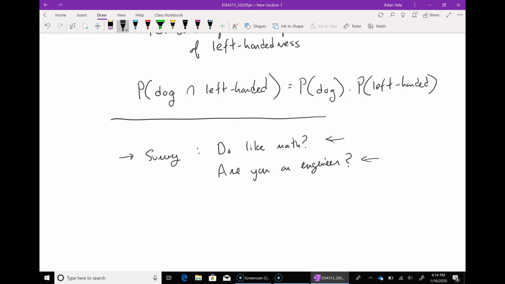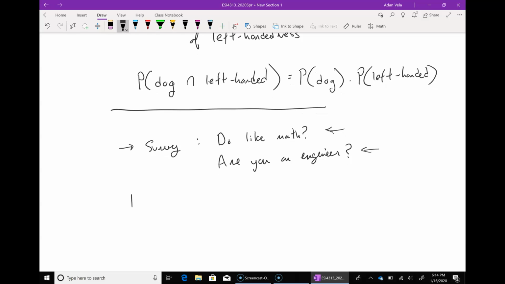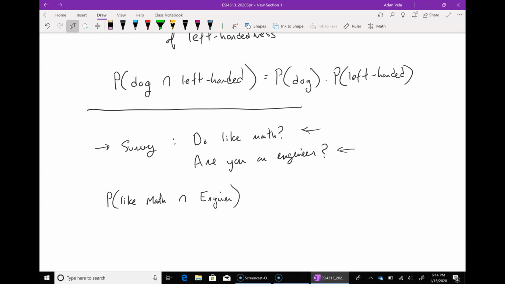Okay. If you like math, there's probably a better chance that you're an engineer. And if you don't like math, well, you probably shouldn't be an engineer. And so when we ask questions like, what's the probability that you like math and you're an engineer, we can't just say that's equal to the probability of liking math times the probability of being an engineer.